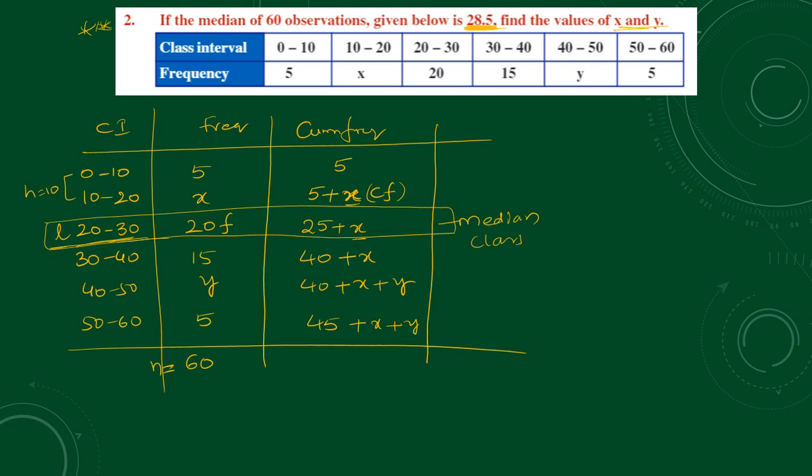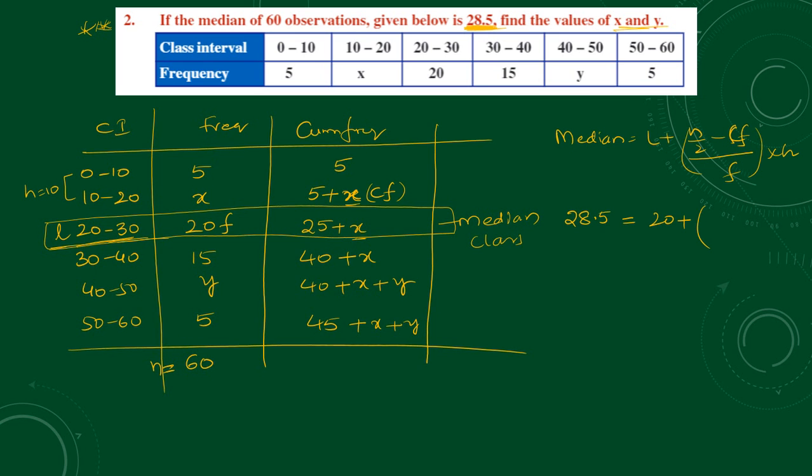Now moving on to the formula. So what is the median formula? Median is equal to L plus (N by 2 minus CF) by F into H. Now already the median is given as 28.5, which is equal to, what is L here? L is 20 plus N by 2.